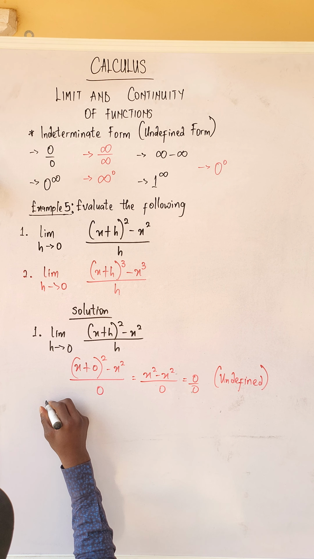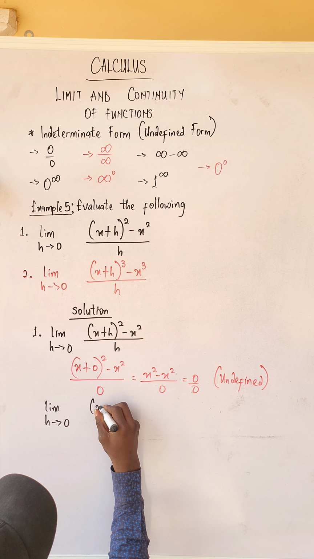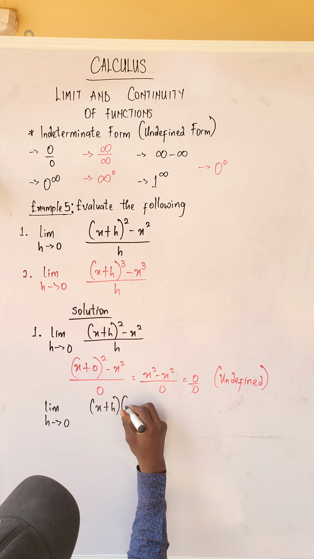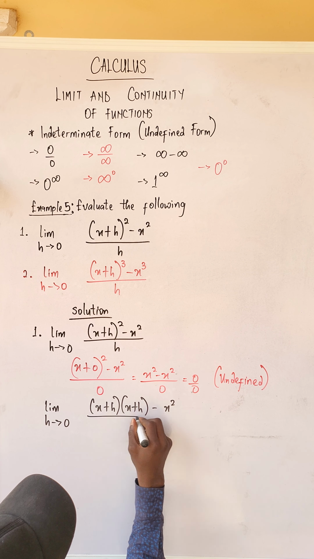So we'll be having limit as h tends to 0. Let's open this: (x plus h) in two places, then minus x squared, over h.